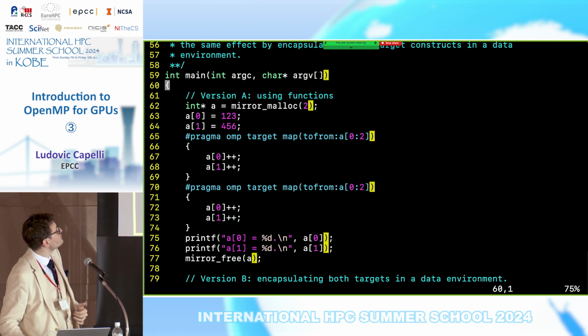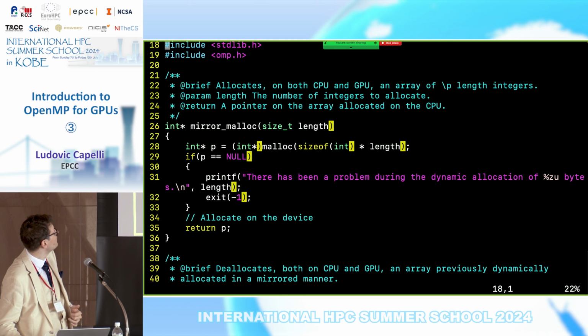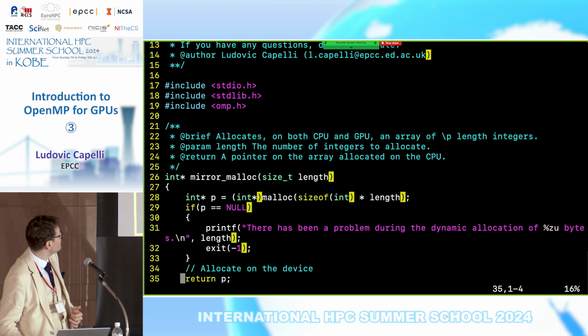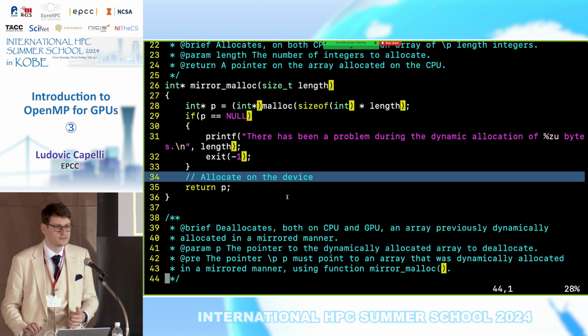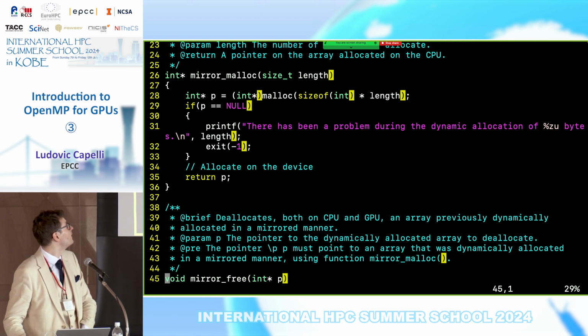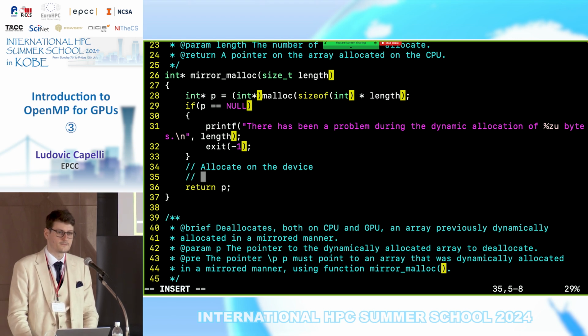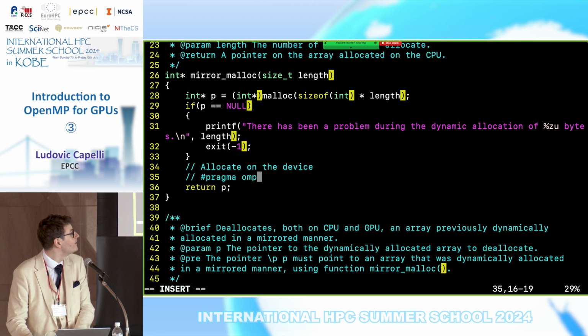Okay, so version A, in the mirror malloc, what did you do here to allocate the data on the device? Did you find how to do this? Yes, go ahead.